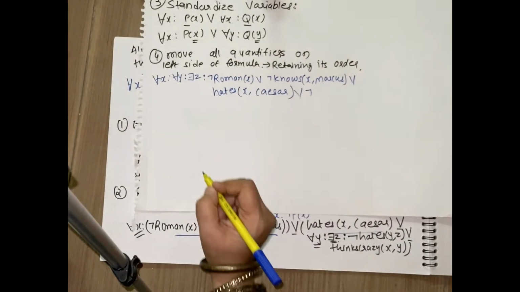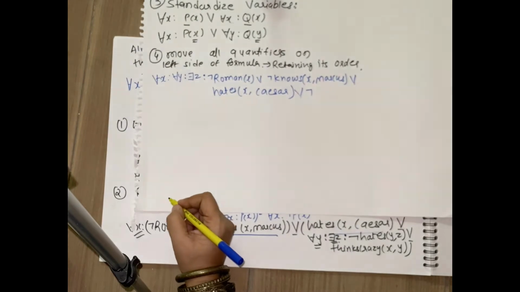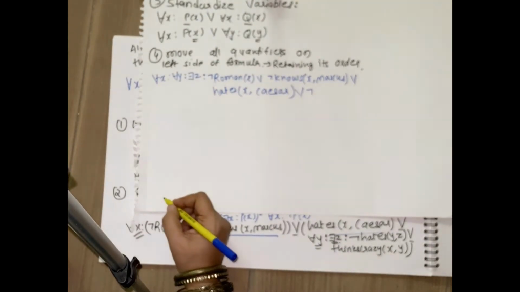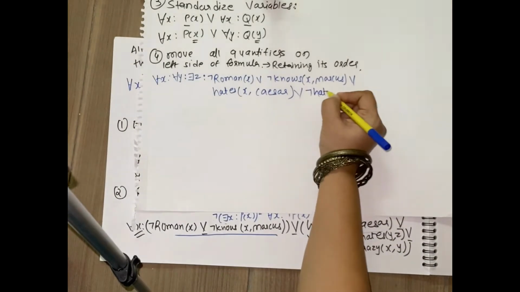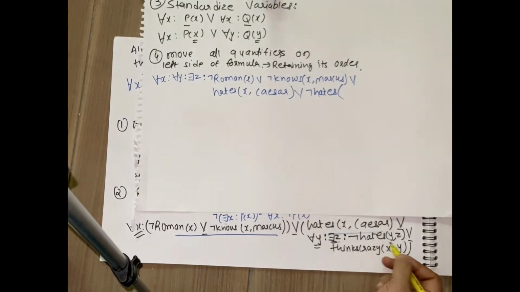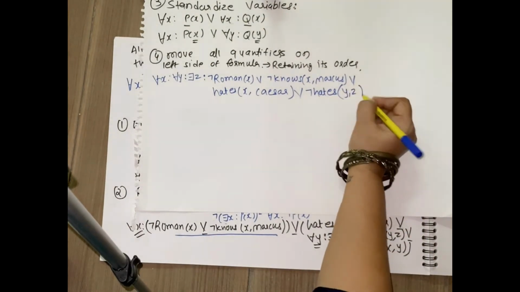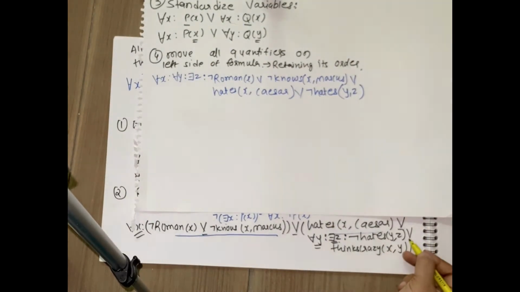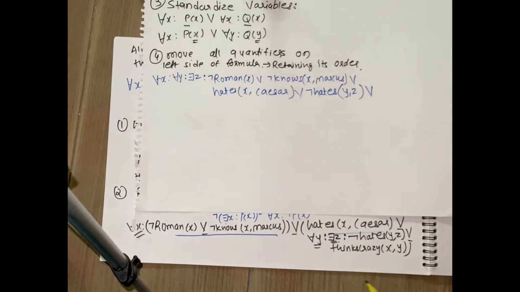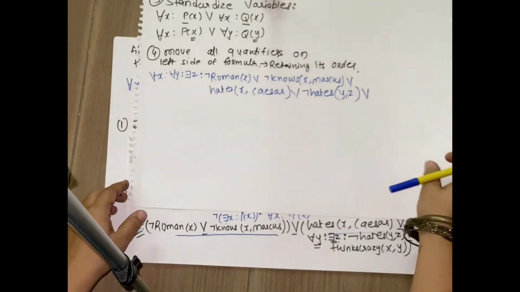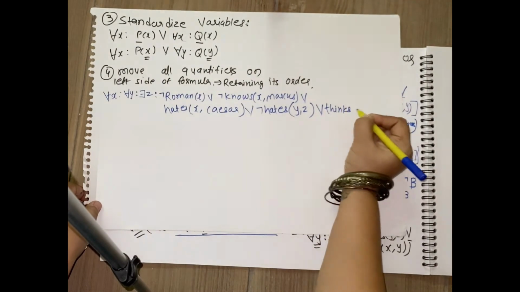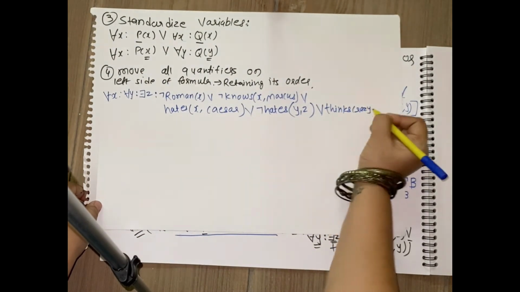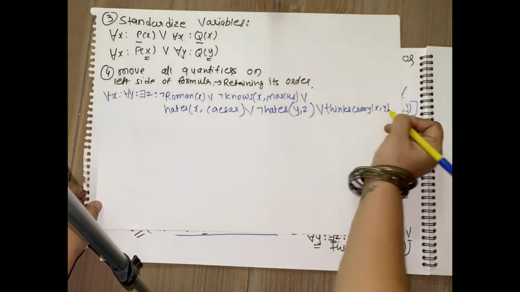So not hates(y, z), and once again thinks crazy(x, y), simple.